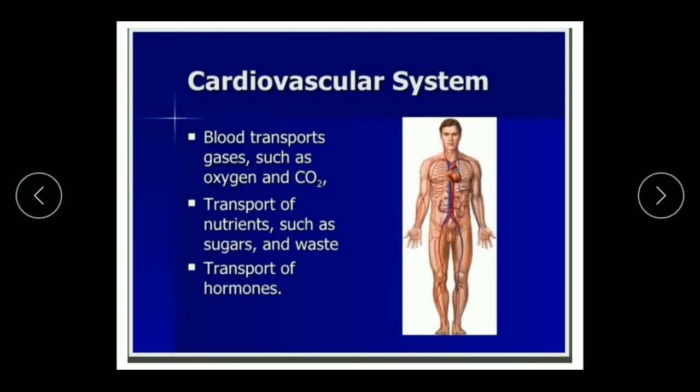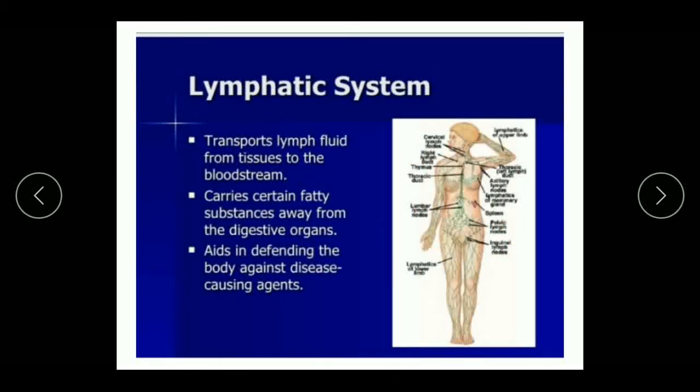The first is transportation of the respiratory gases, like oxygen and carbon dioxide. The next is transportation of nutrients such as sugar, and of waste substances. The third is transportation of hormones. So next one, the lymphatic system.